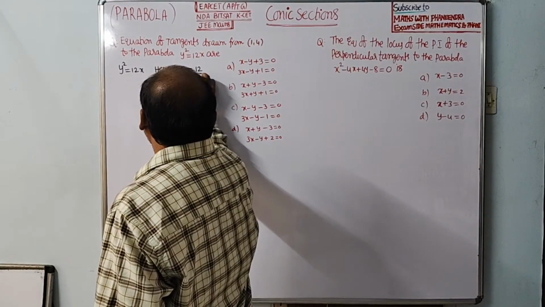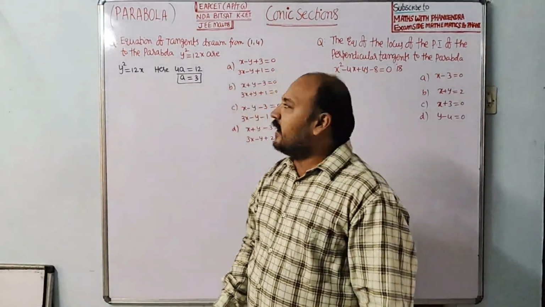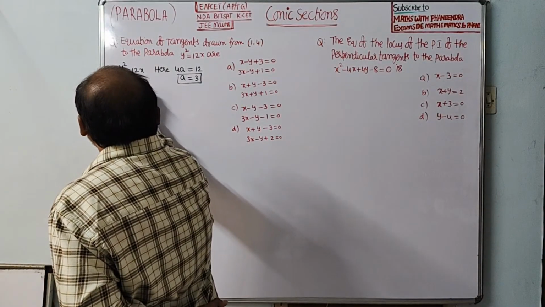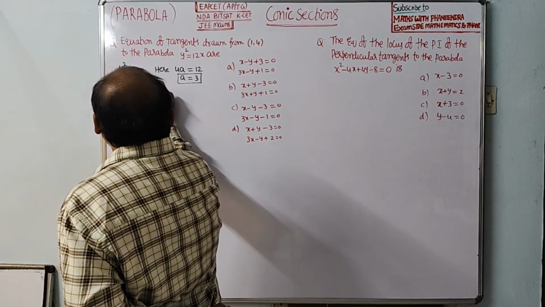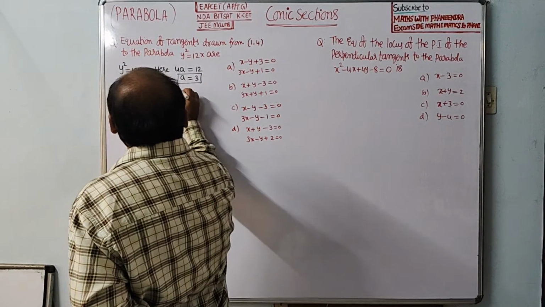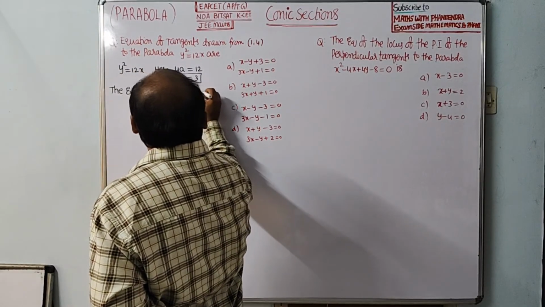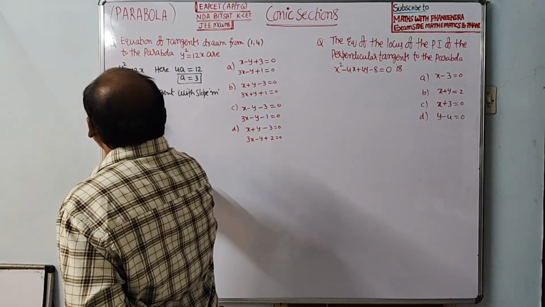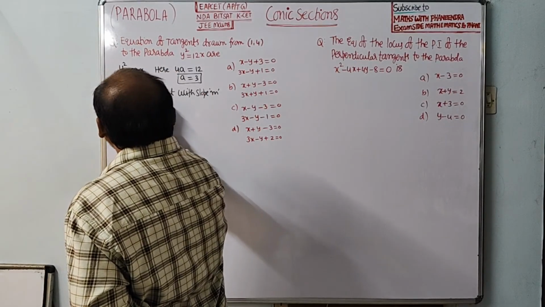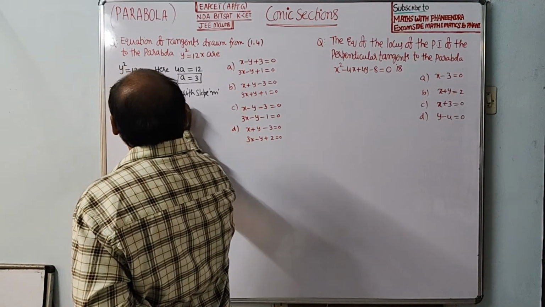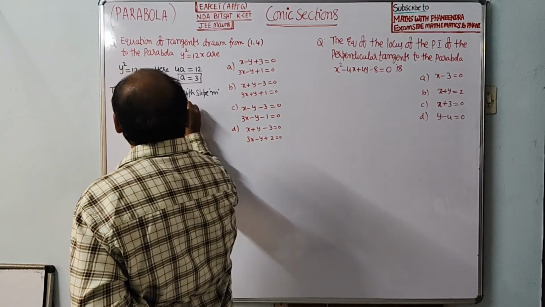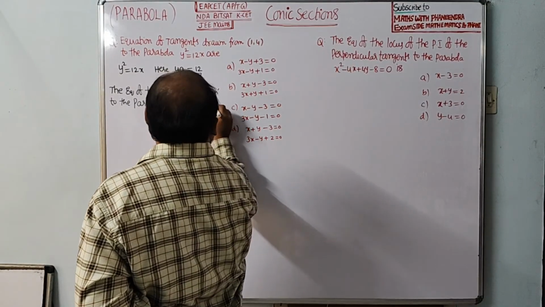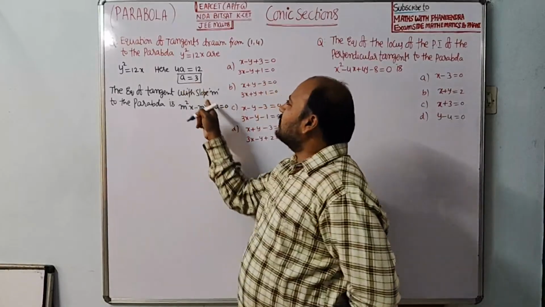Okay dear students, I hope you understand. Next, the equation of tangent with slope m to the parabola is y equals mx plus a by m, that is, m square x minus my plus a equal to 0. What is a in this? 3 now.